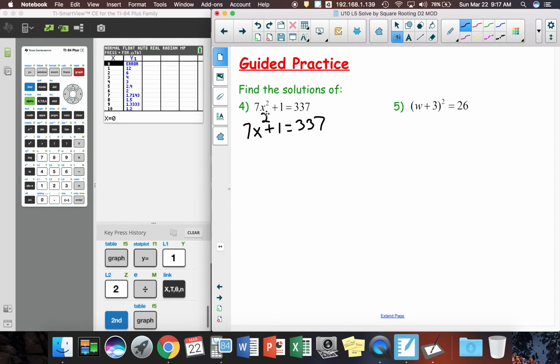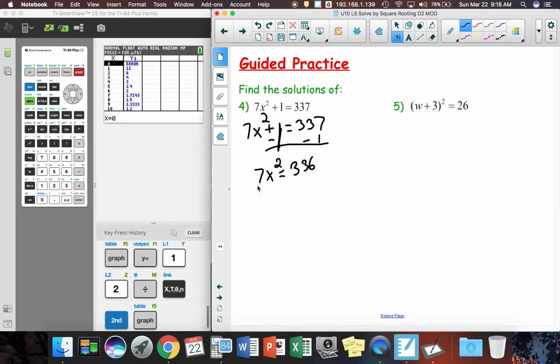Now, to get x squared by itself, I need to get rid of this 7, and I need to get rid of this 1. So I'm going to subtract 1 on both sides first. That goes away. I'm left with 7x squared equals 337 minus 1 is 336.